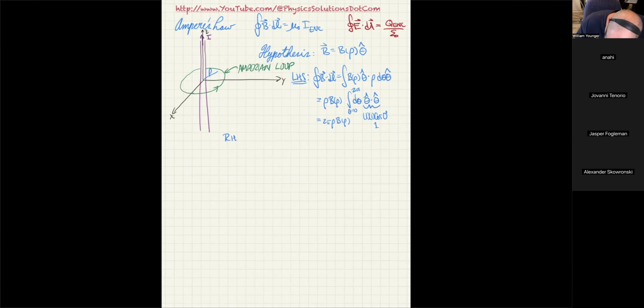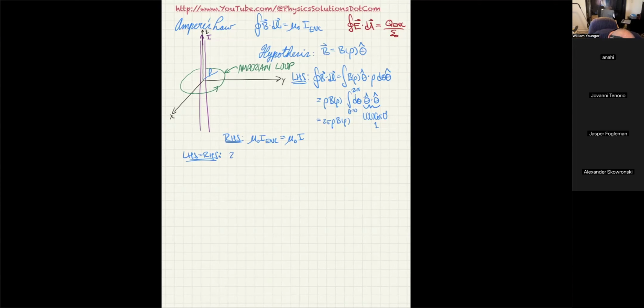The right-hand side is supposed to be the current enclosed. And really, what that means is any surface for which that Amperian loop could be an edge, any current that pierces that surface would be considered I enclosed. In this case, since the I enclosed is up and we're integrating around, that's consistent with the right hand rule. So mu zero I enclosed is just mu zero times positive I. So now I say left hand side equals right hand side, just like we did with Gauss's law.